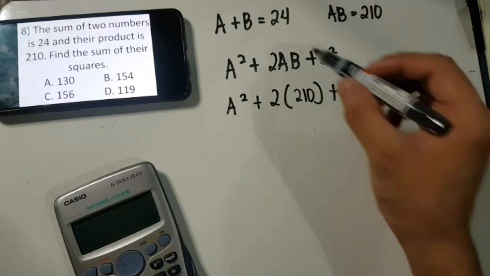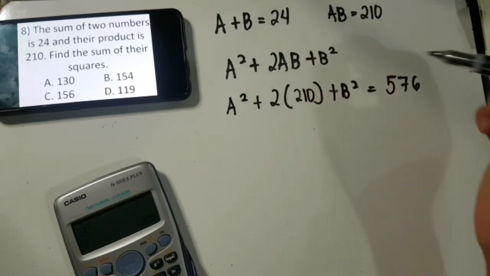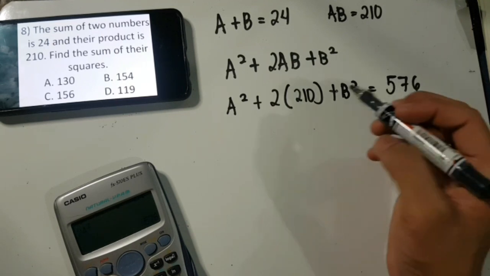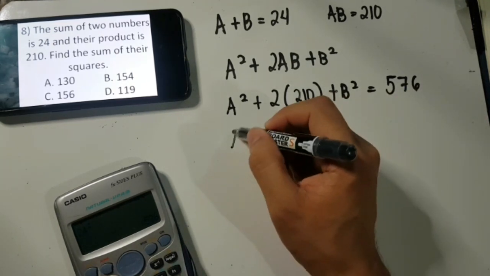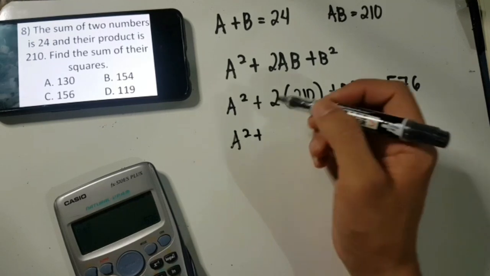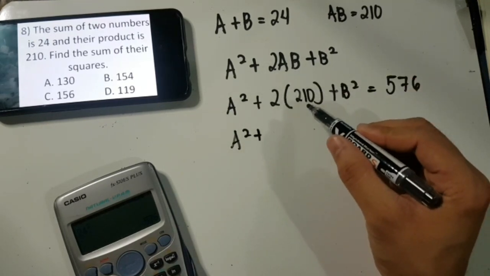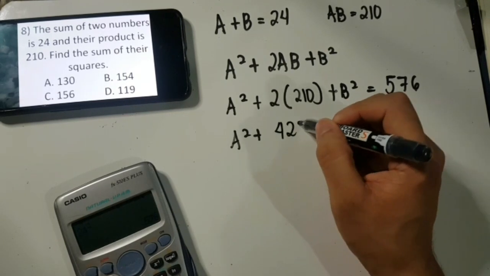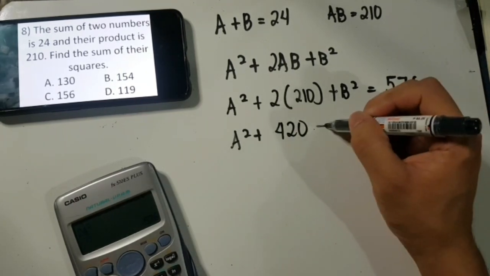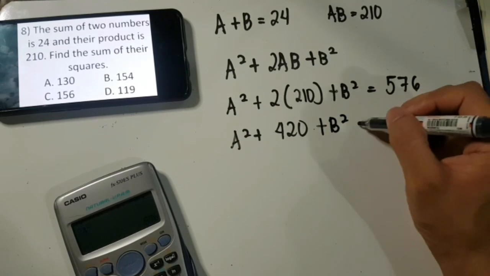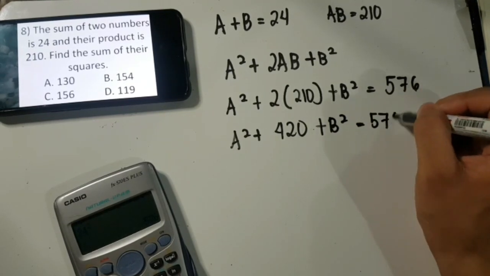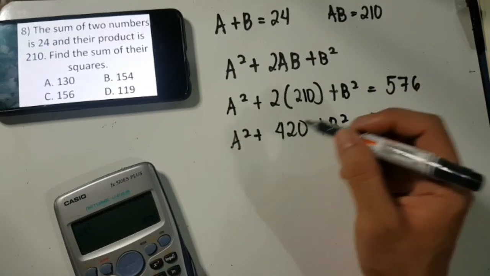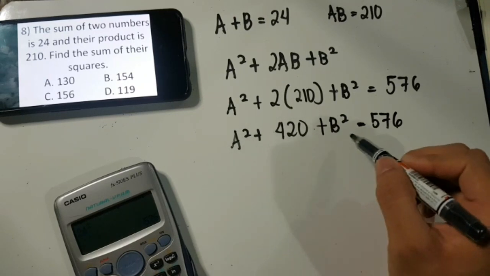So, 24 squared is 576. So, A squared plus 2 times 210, that is 420, plus B squared is equal to 576.